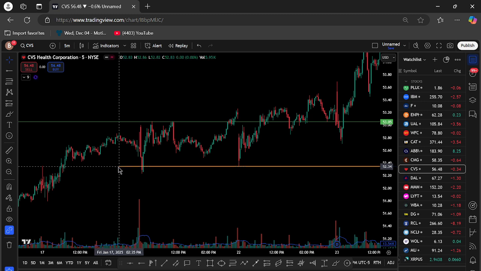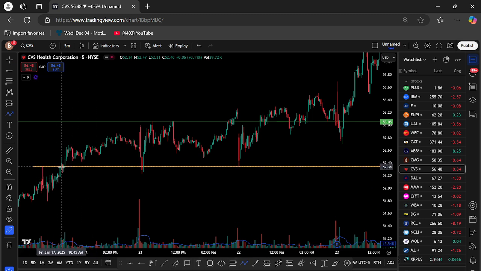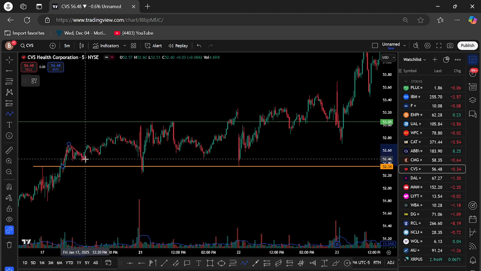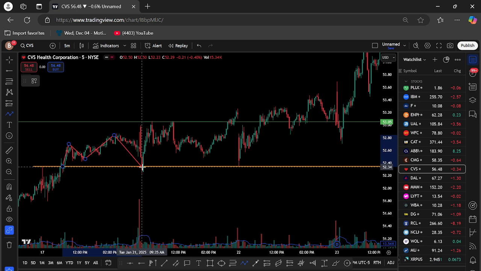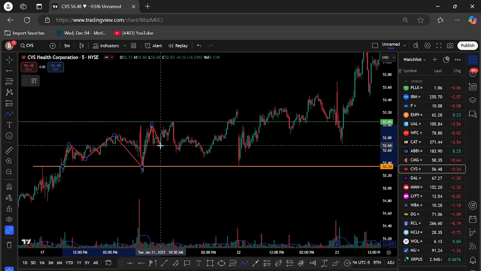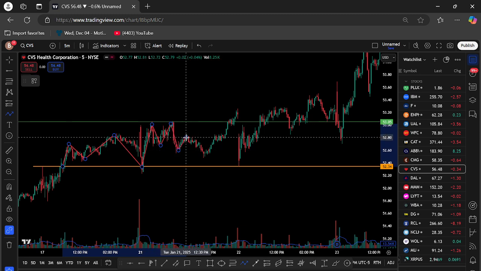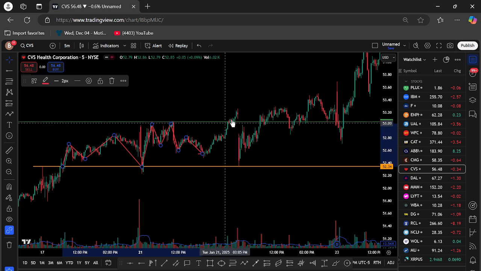Okay, so you're seeing how this stock is coming into the range. It's going halfway, comes down a little bit, goes up, goes down to support, comes all the way up to resistance, comes back down, back to resistance, comes back down, goes up, goes down, and it stays in this range until it's broken right in this area.